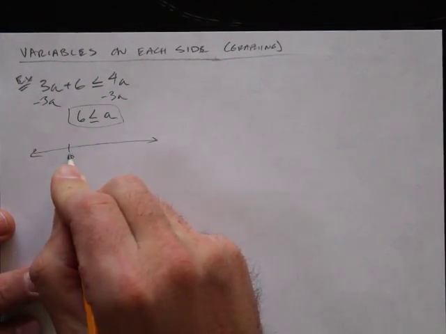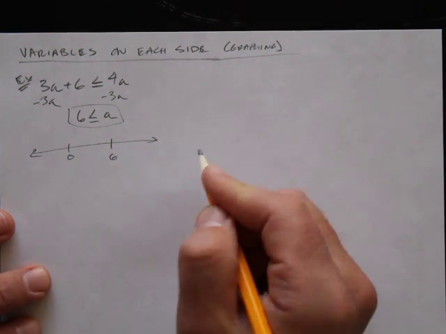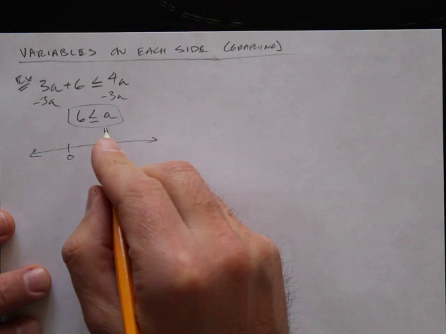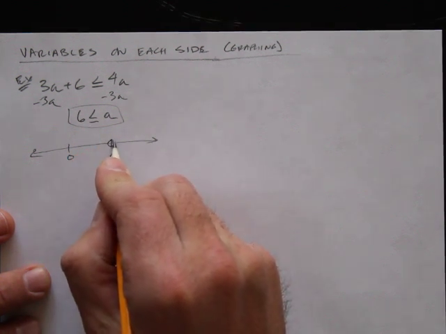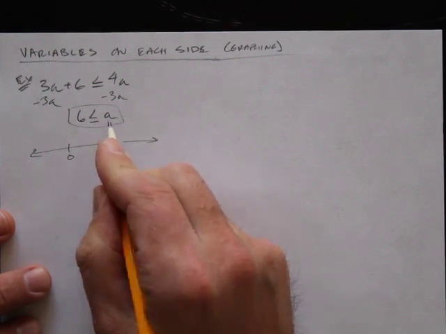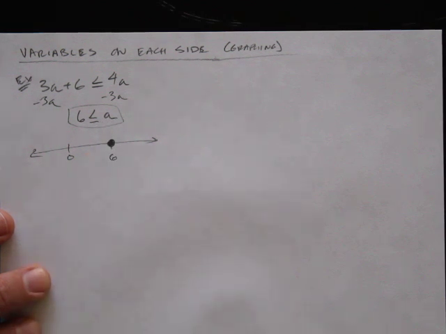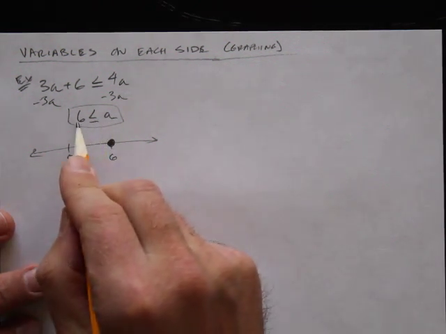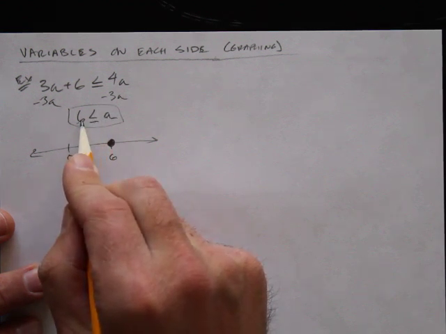Now, what would this look like on a number line? I'm going to put 0 here. I'm going to put 6 right here. If you want to go dot, dot, dot to 6, that's fine. I don't need you to do that. This or equal to means that 6 is included in my answer of what a could be. Now 6 is less than or equal to a, and if I read this backwards, a is greater than or equal to 6.